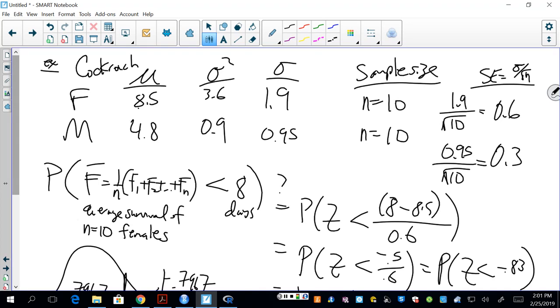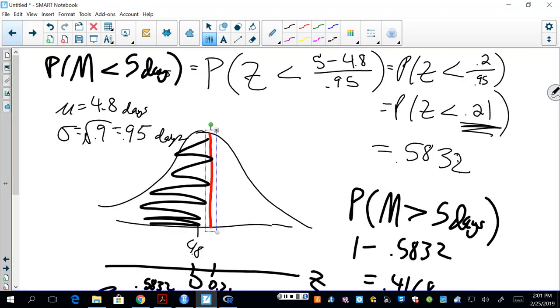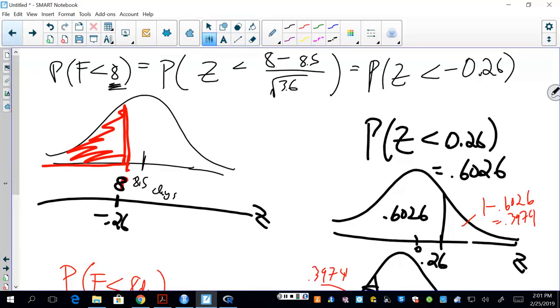So instead of asking about one cockroach in this case, when we did it before, we asked, what's the chance that one female cockroach survives less than 8 days? One female had about a 40% chance. But now you have a bunch of individuals and you're averaging them together. So the average tends to stay closer to the average of 8.5.